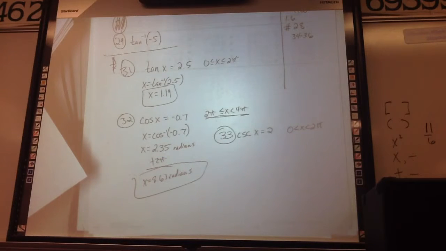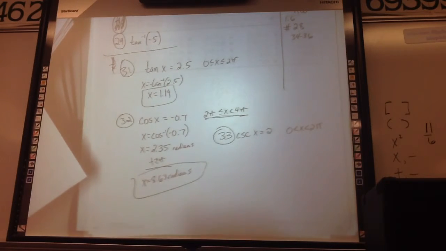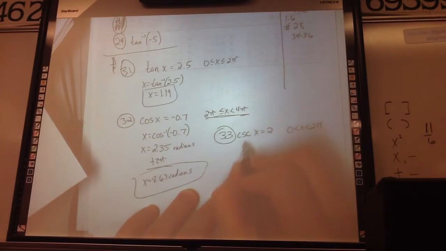Your calculator works like this: there is no inverse cosecant button. So can you just do sine and flip it? Yeah. Cosecant is 1 over the sine.